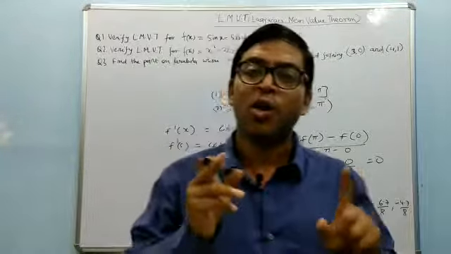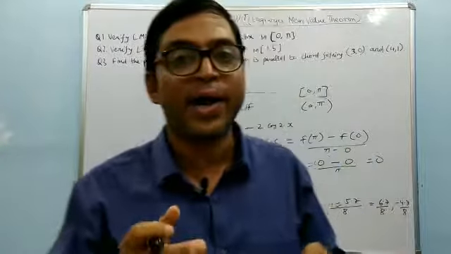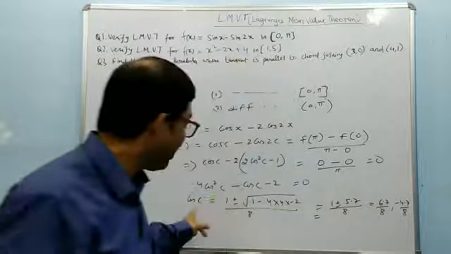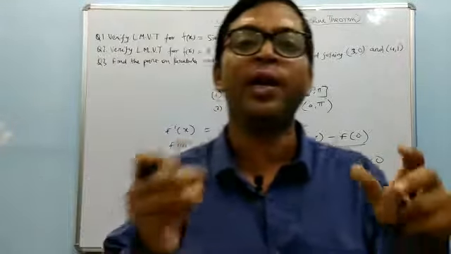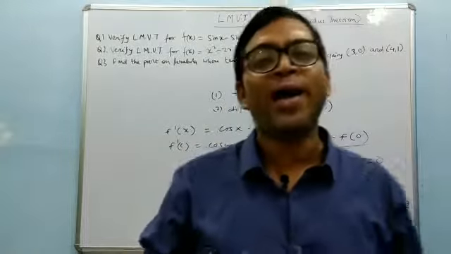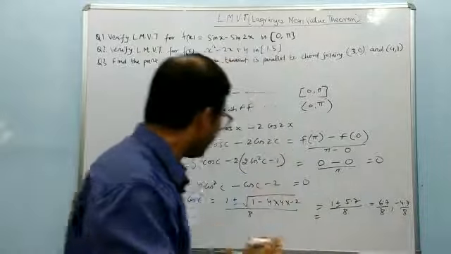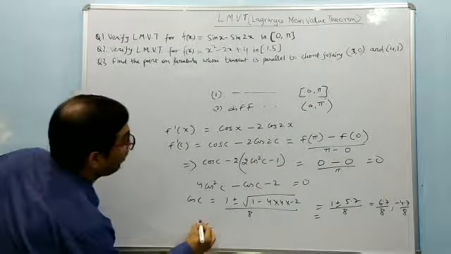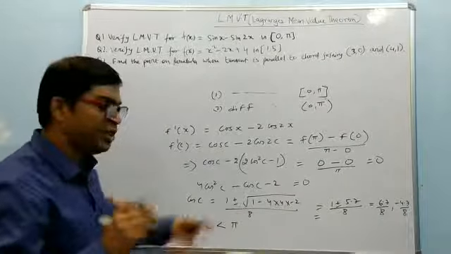We know that cos 0 is 1 and cos pi is minus 1. You see that the value of c is coming out to be between 0 and pi. Why? Because the value is between minus 1 and 1. Very easy to understand.